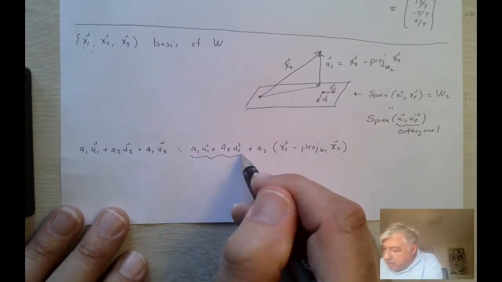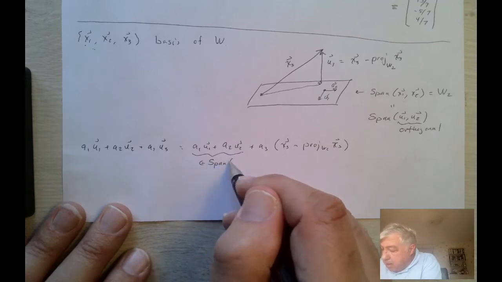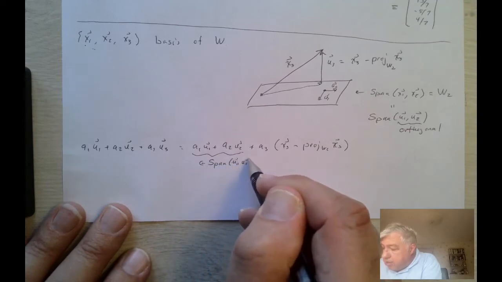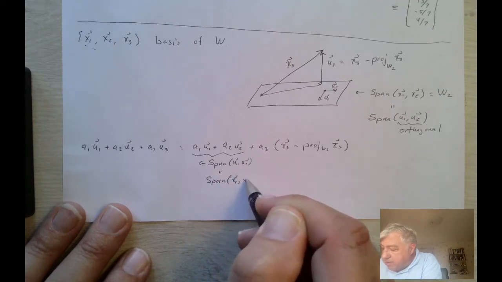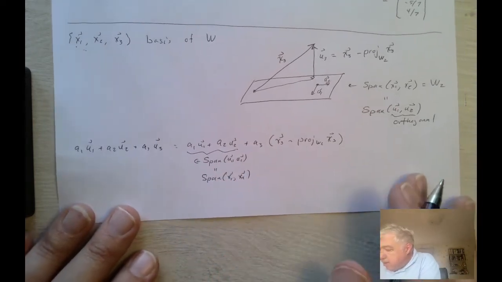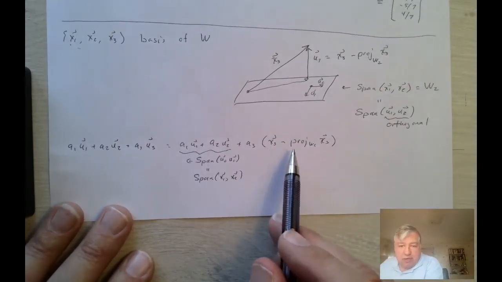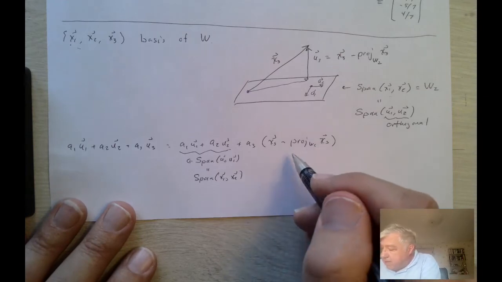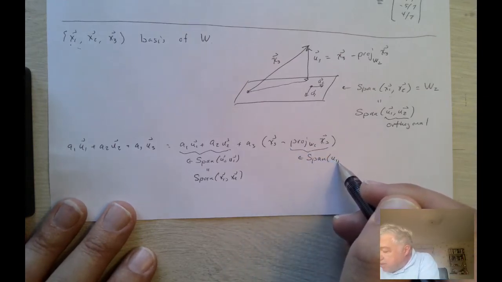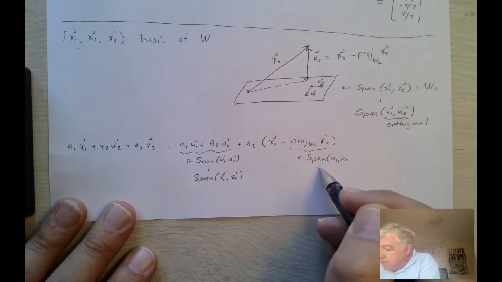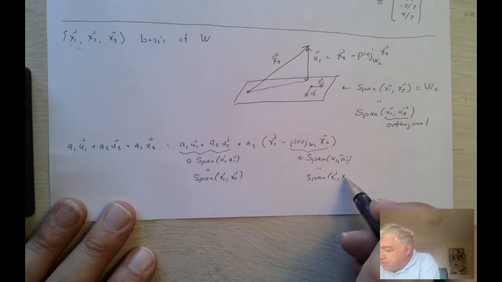Now these two are in the span of u1 and u2, but we know that this is also equal to the span of x1 and x2. Okay. And then this is clearly x3 minus, again, something in the span of u1, u2, but this is equal to the span of x1 and x2.